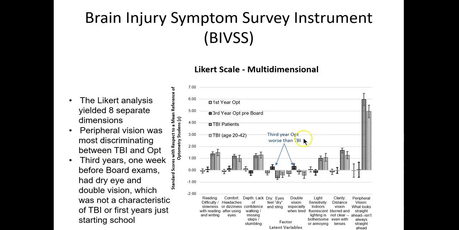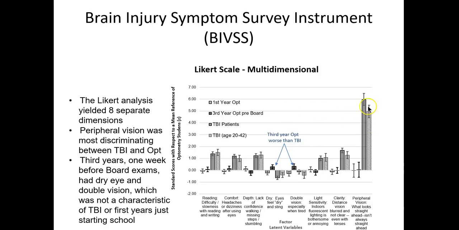Peripheral vision is the one on the end; these are the brain-injured patients, and these are the optometry students. When we submitted this paper we just had TBI patients, and reviewers said we should look at the scale with an age-matched range. So the hashed, light-colored bars are TBI patients that match the age range of the optometry students.